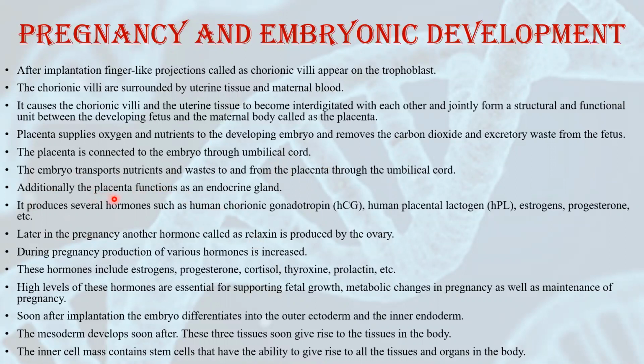The placenta is also very important because it acts as an endocrine gland and is responsible for secreting hormones such as human chorionic gonadotropin, human placental lactogen, estrogens, progesterone, etc. Now, HCG and HPL are only released during pregnancy.